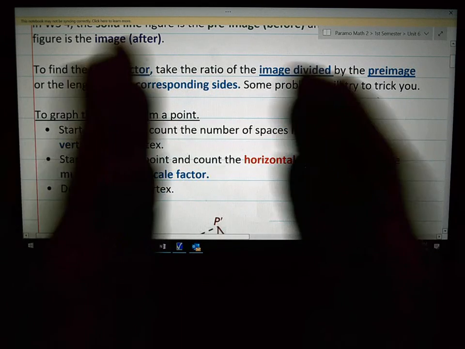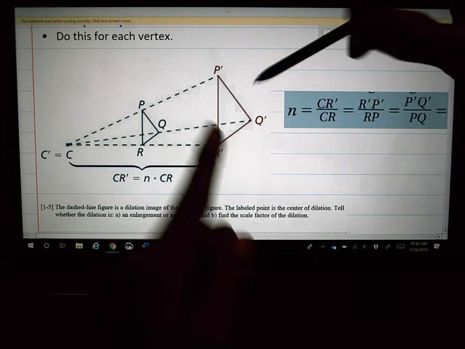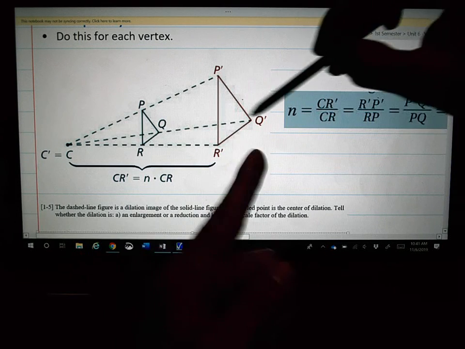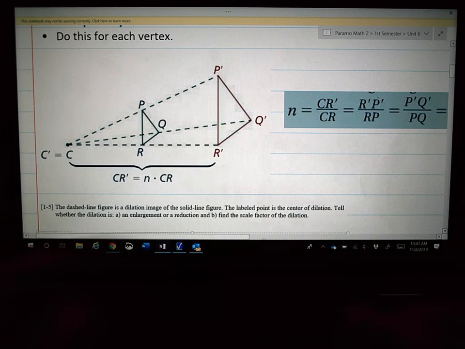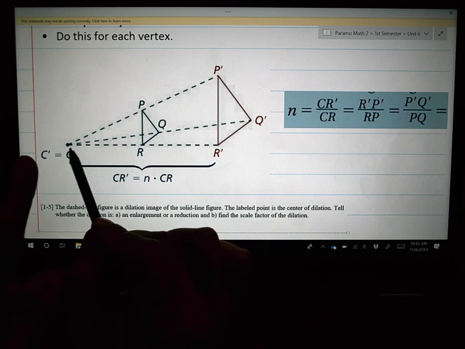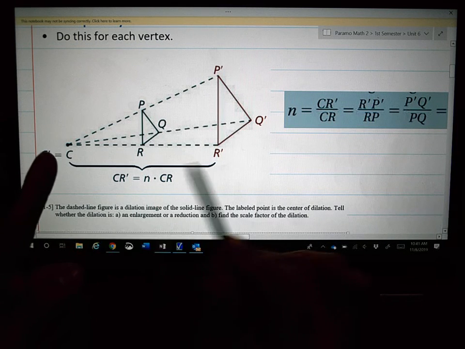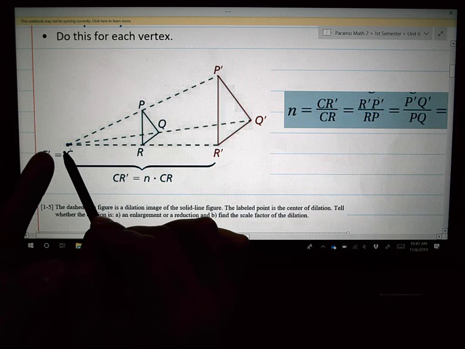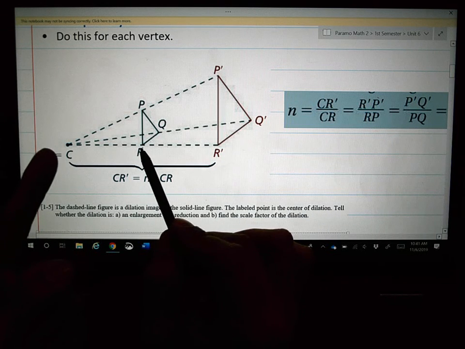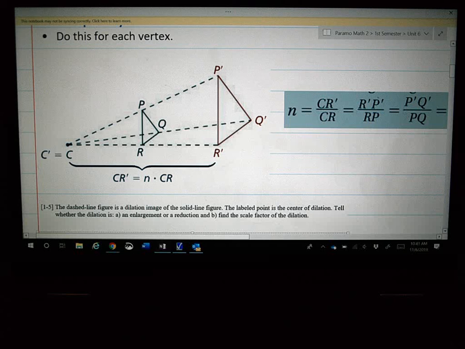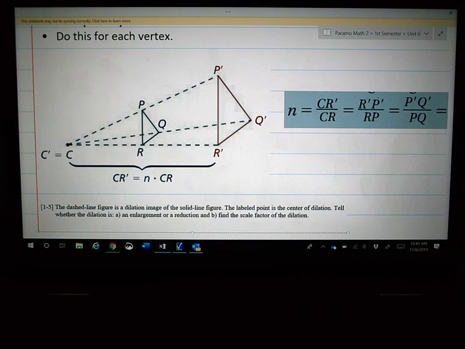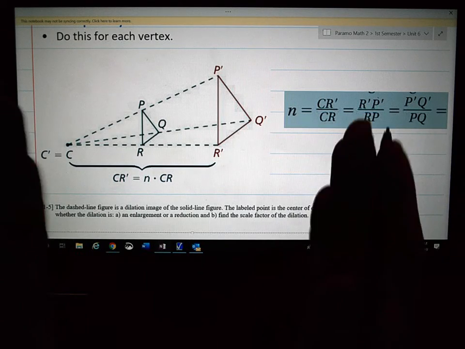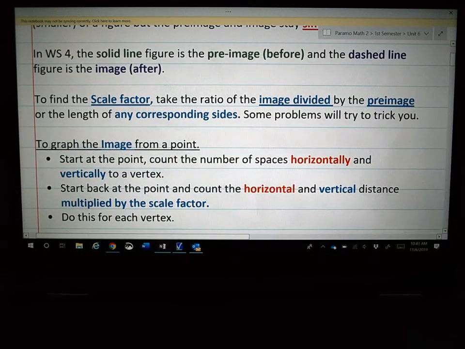It doesn't matter whether you use the right side, the bottom, the front side, or even the distance between the center and the image divided by the distance from the center to the pre-image. They all give the same scale factor. You can use any one of the sides or that distance. We'll be using that a lot today.